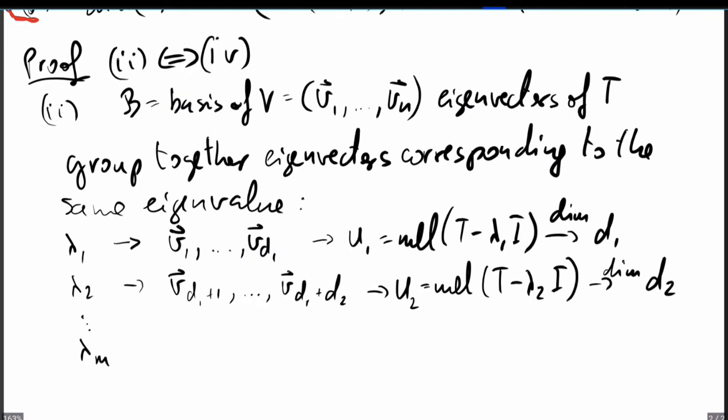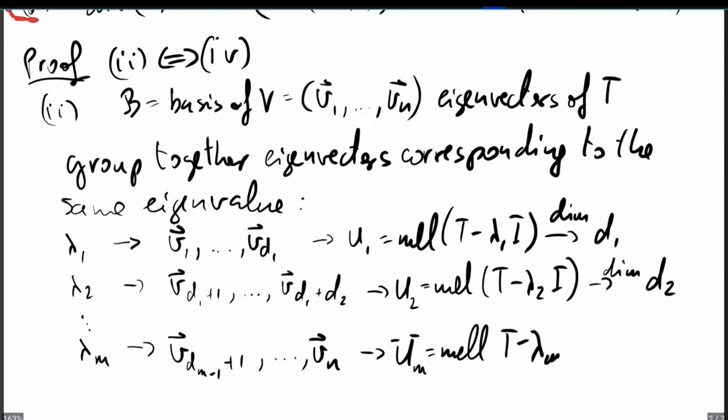and so on. So finally we have lambda m eigenvalue with corresponding eigenvectors v d(m-1) plus 1, and then the last one is supposed to be vn. And then from these vectors we create Um subspace as the null space of T minus lambda m I, which is, by the way, of dimension dm.